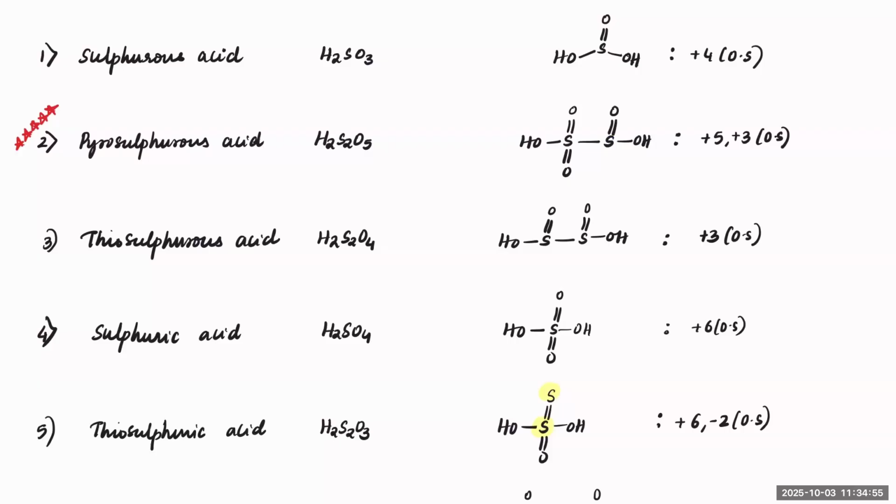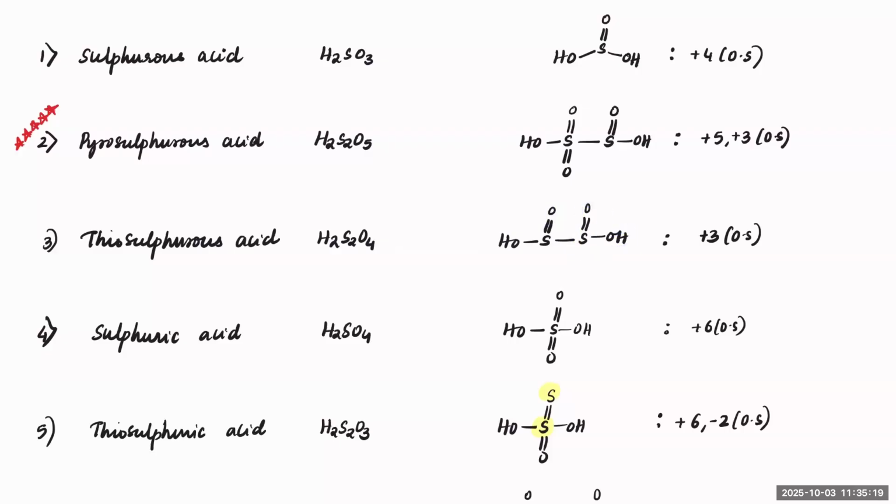Whenever you have this acidic form, you make sure that there is always a sulfur-sulfur connection, and on either side there should be uniformity. If there is uniformity, then we use the word thio. So you can see thionous acid, thiosulfuric acid, all of that. So this is thiosulfurous acid.